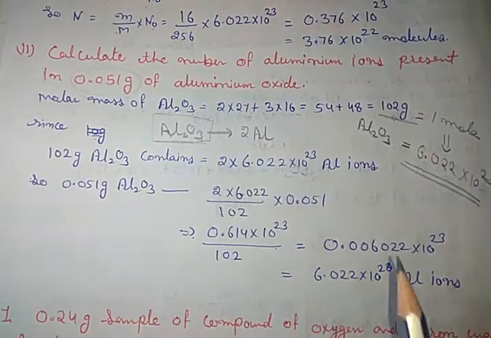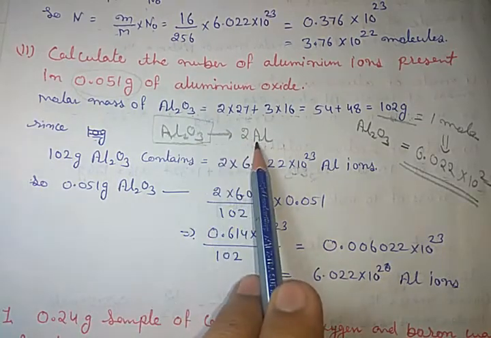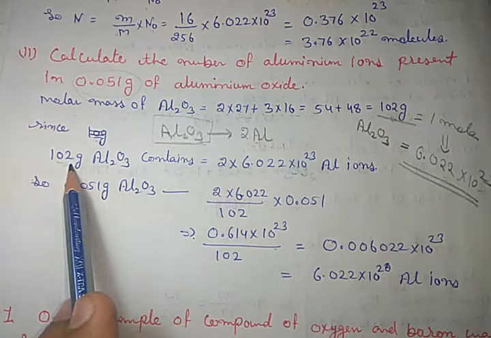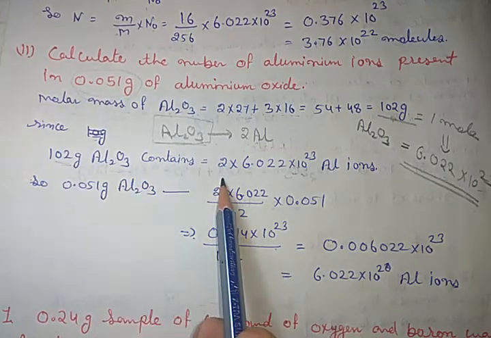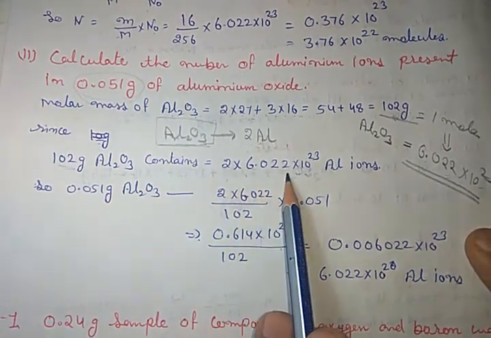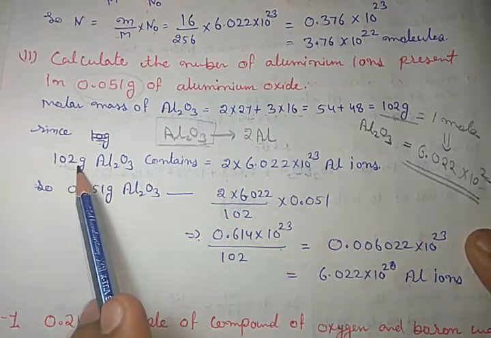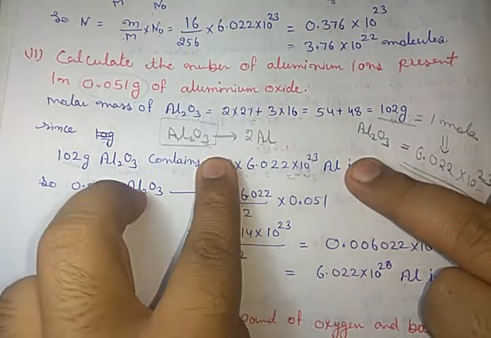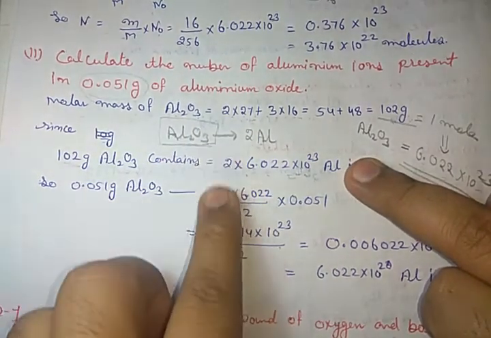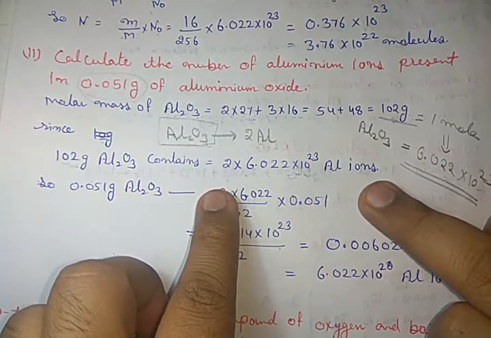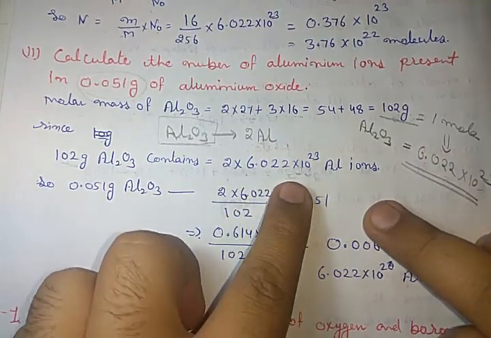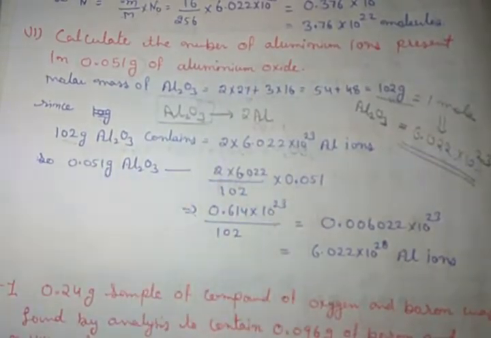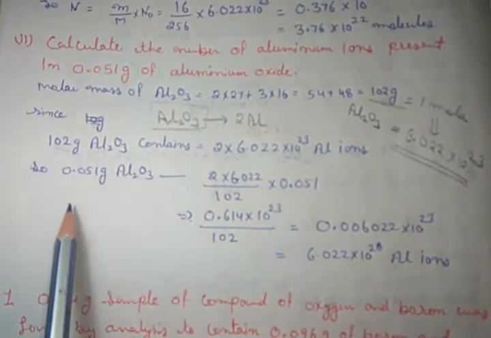Clear? And since one aluminium oxide gives 2 aluminium ions, 102 gram contains 2 into 6.022 into 10 to the power 23 aluminium ions. Got it?